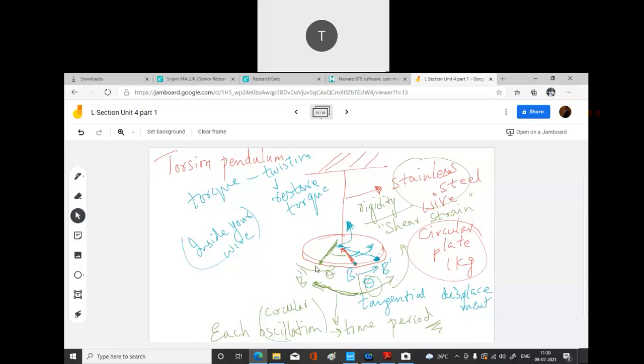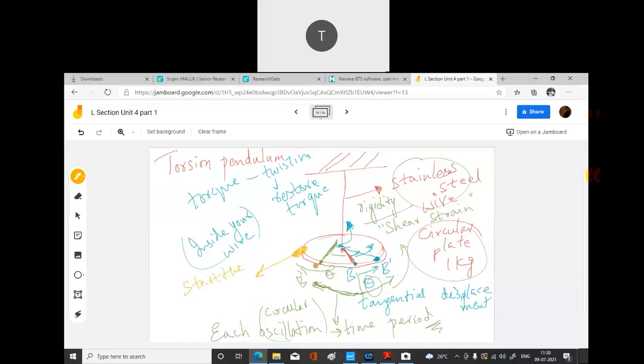When your point is at the B double dash, you start the clock.